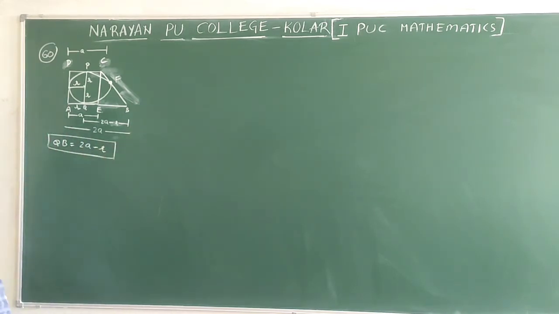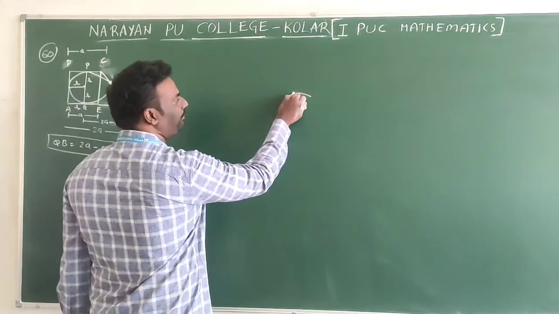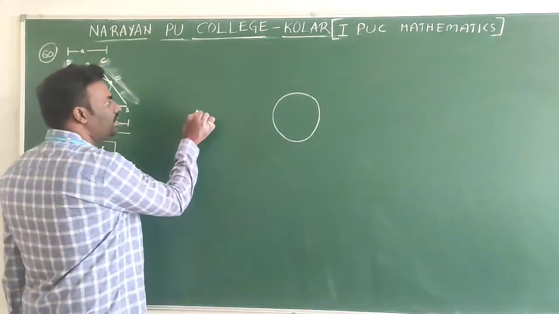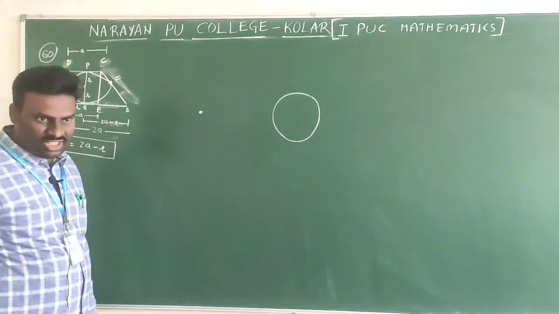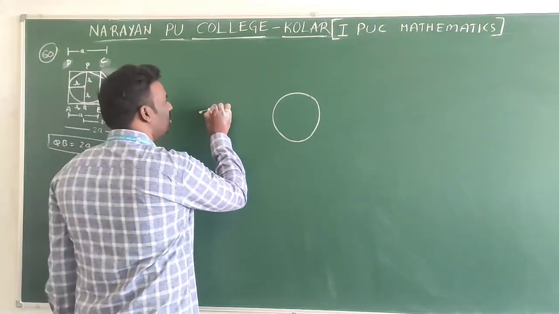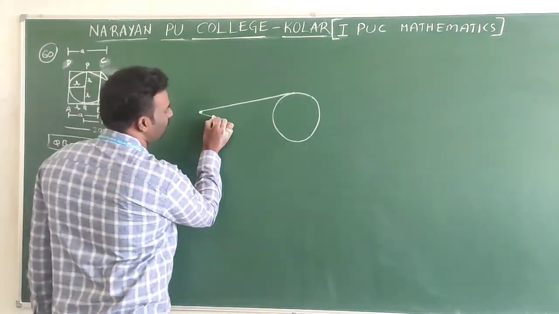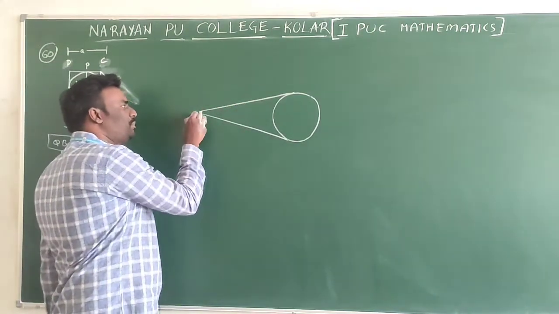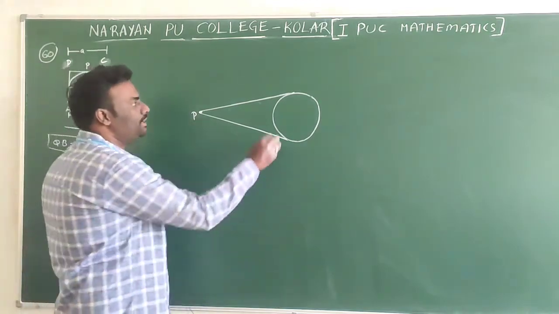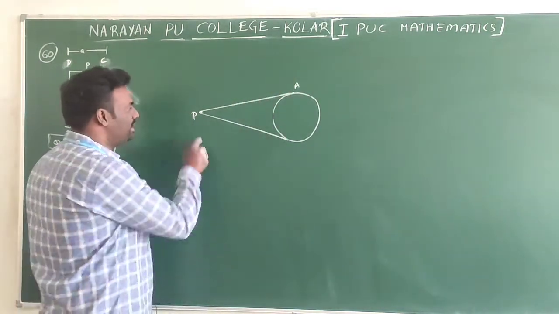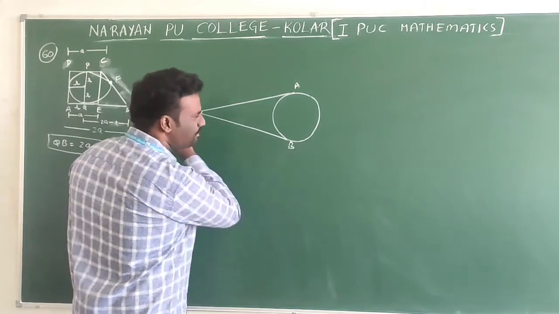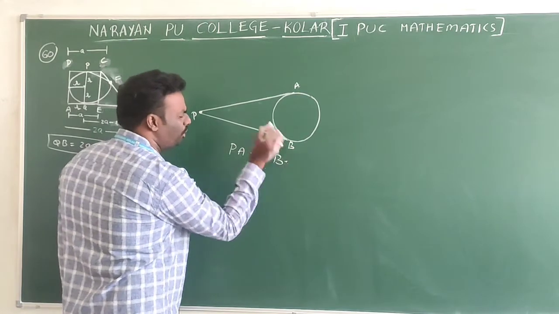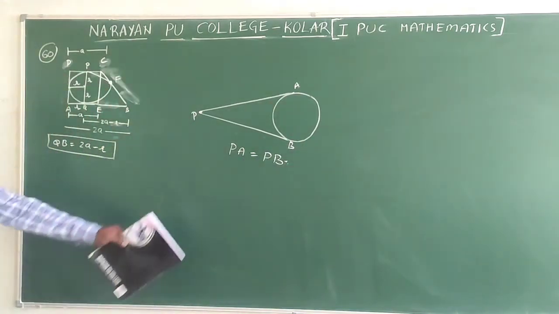We have one concept in circles. If S equals 0 is a circle, and you draw two tangents from an external point to the same circle, the lengths of these two tangents are equal. For example, this tangent is drawn from P and meets at point A, and this tangent also drawn from P meets at point B. Now PA length and PB length are both the same. I am using this concept.